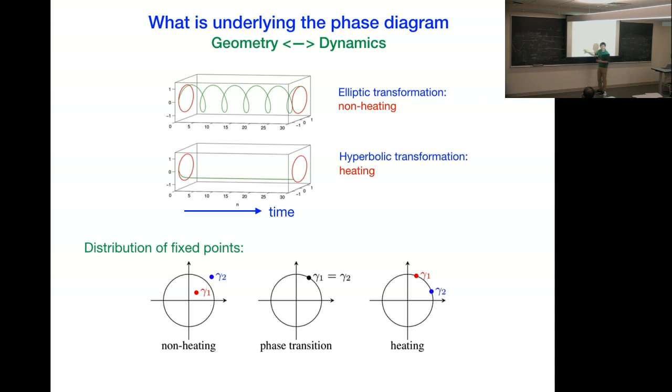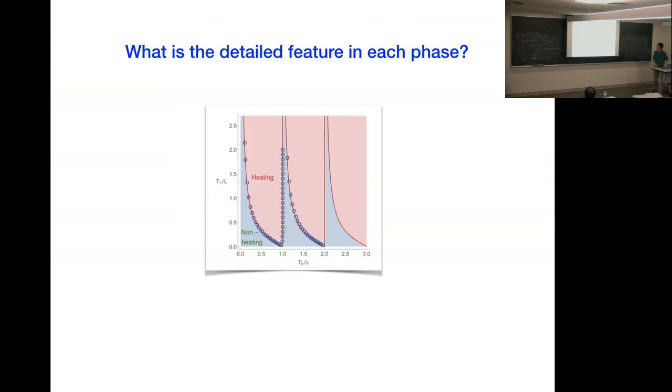Or you're using this defect operator, the twist operator. Twist operator, yeah, exactly. But for this one, the operator will flow to a fixed point, and it will never come back to its initial position. And if you calculate the correlation function, you can find that it decays exponentially, and the entanglement grows linearly. I see. Yeah, so this is simply the phase diagram.